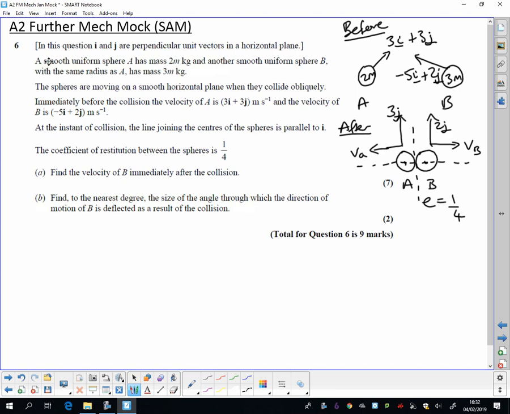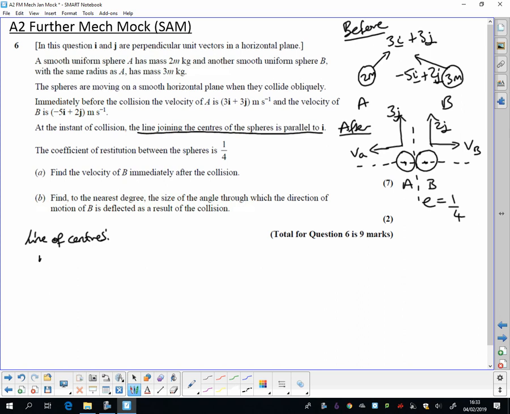It says at the instant of collision the line joining the centres is parallel to i, so perpendicular to that is the j direction, and we can straight away fill in those two components of the velocity. Then we need to look along the line of the centres of the spheres.